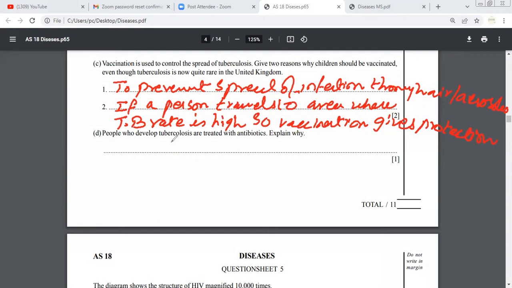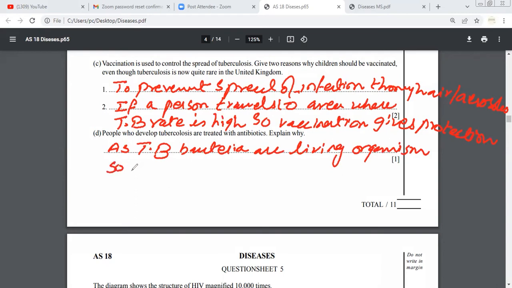Another thing is people who develop tuberculosis are treated with antibiotics, as TB bacteria are living organisms, so antibiotics can kill them and eradicate them.